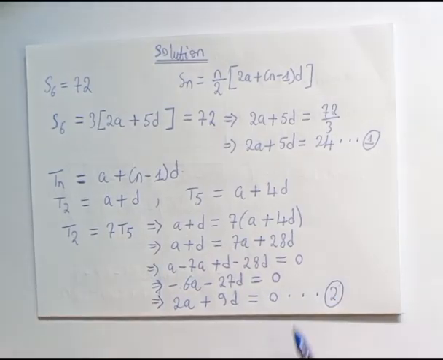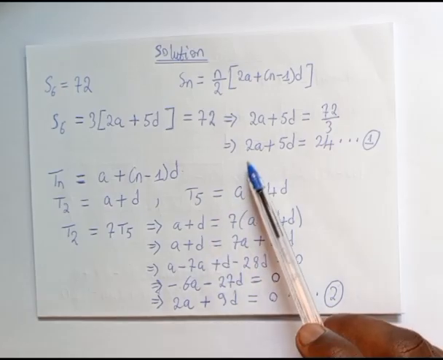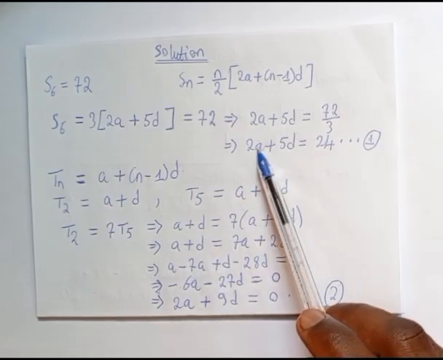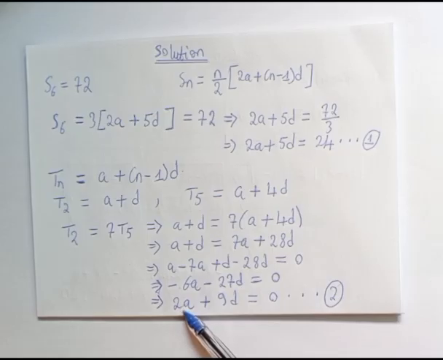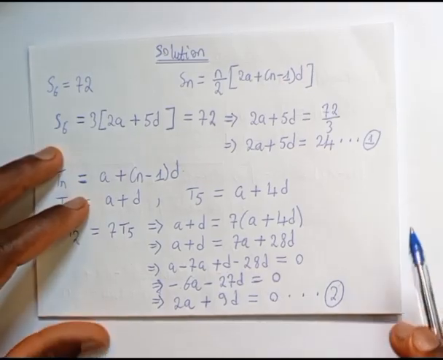We have two simultaneous linear equations in terms of a and d, which we can solve by the method of elimination. The reason we are using elimination is that the coefficient of a in equation 1 is the same as the coefficient of a in equation 2. So if you subtract the two equations, a will be eliminated.